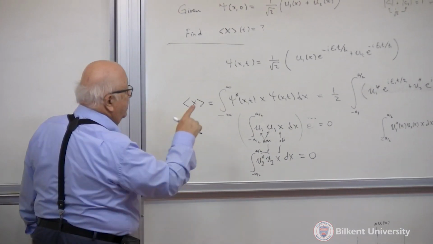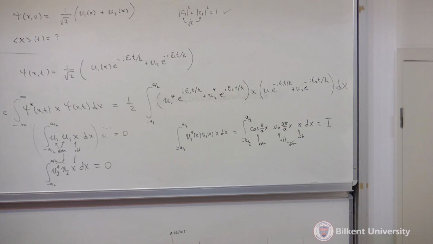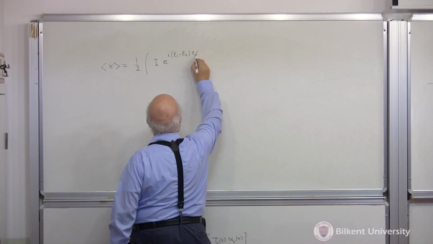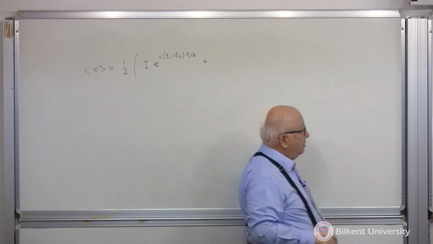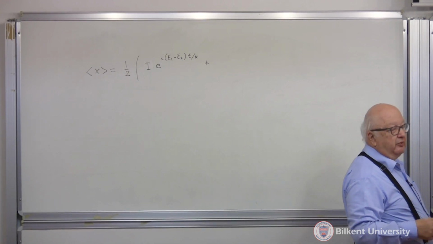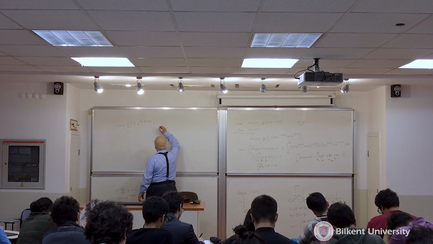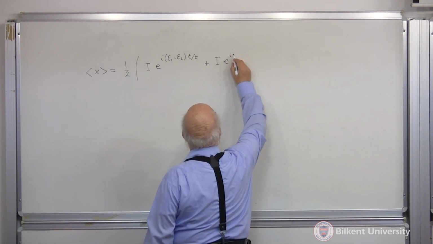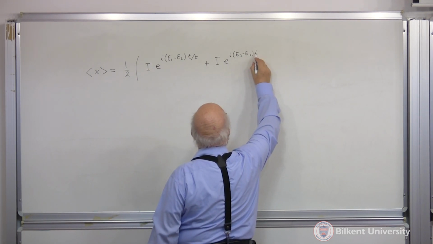So I e to the i (E1 minus E2) t over h bar. And we have another integral, u2 star u1, which is also I, because u1 and u2 are real functions. So I get plus I e to the i (E2 minus E1) t over h bar.